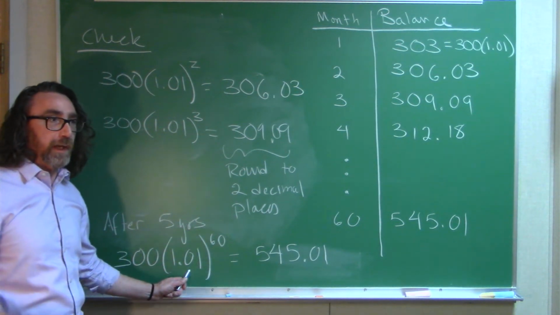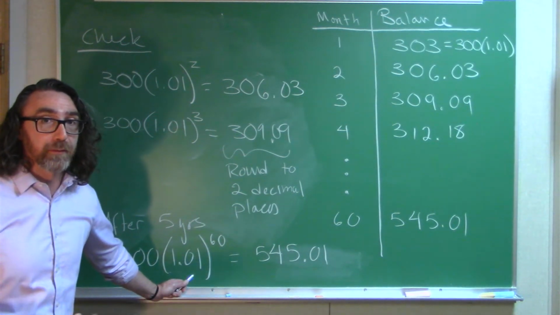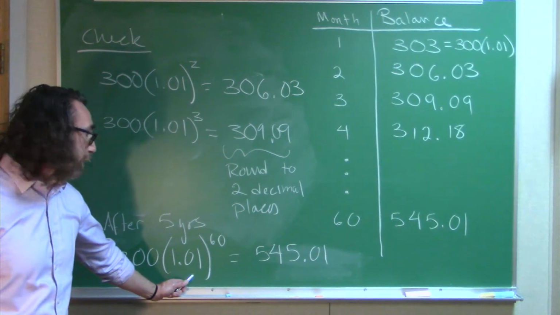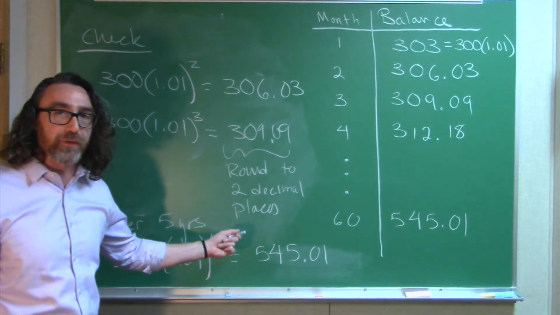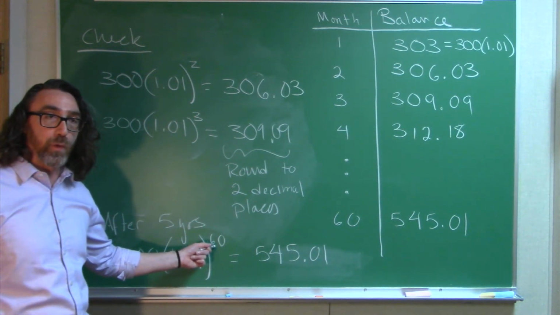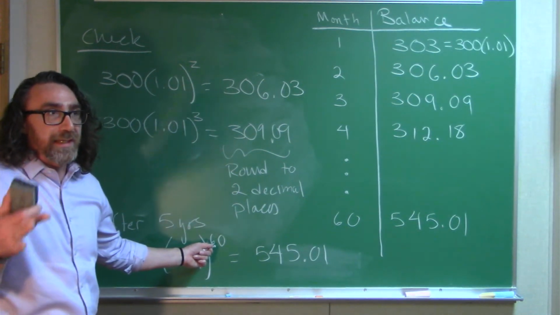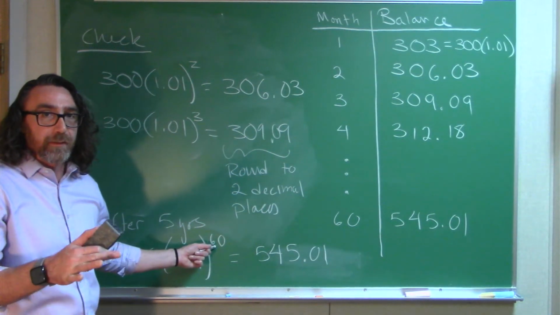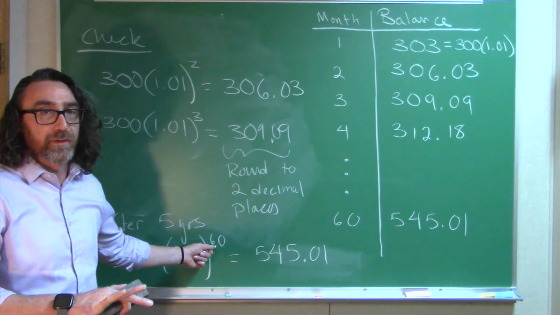If we got 12% interest compounded quarterly, it'd be a different number here. The exponent of 60 is the number of interest periods that we've gone through. We get interest every month, so we need to know how many months have gone by. The 5 years isn't really the number we need. It's not the years that matter in this example, it's the months that matter.